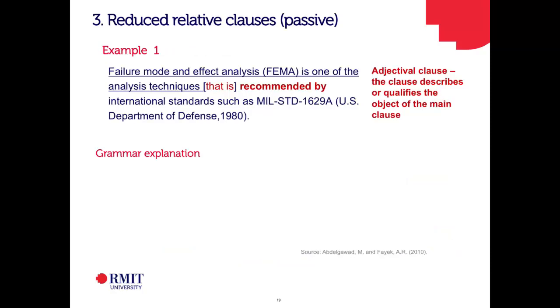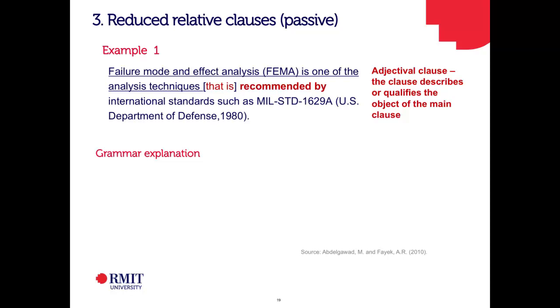Let's now look at how reduced relative clauses are constructed. A reduced relative clause is one where that is, that are, that you can see in brackets, is removed in order to create a close relationship between the main clause and its complement. Look at example 1. The main clause is the first part underlined. It can stand alone as a sentence.